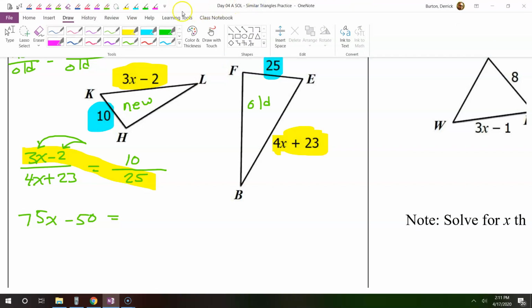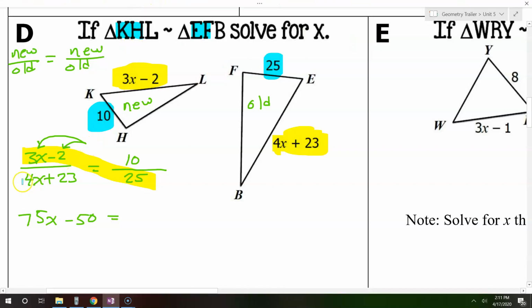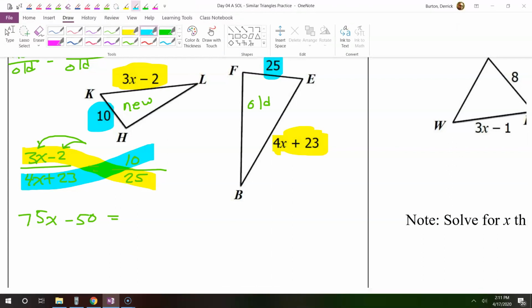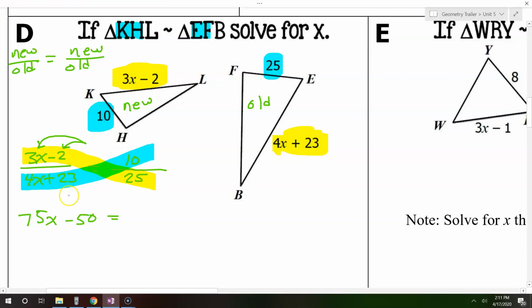All right, now let's do the up diagonal. And again, we are doing the distributive property. This time, we're multiplying the 10 times the 4x and the 23. So that will give us 40x plus 230.